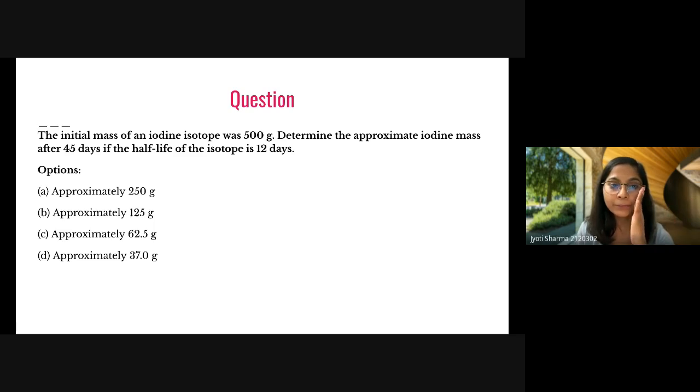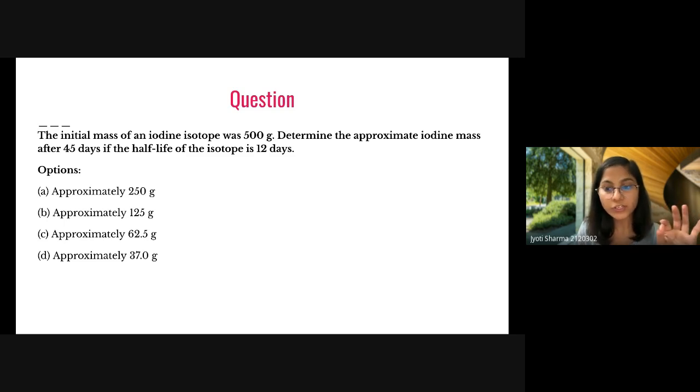Okay, then initially you had the mass 500 gram, but you need to calculate what will be the remaining mass after 45 days. So t is already given, so you need to calculate N. And N naught is equal to 500 gram.